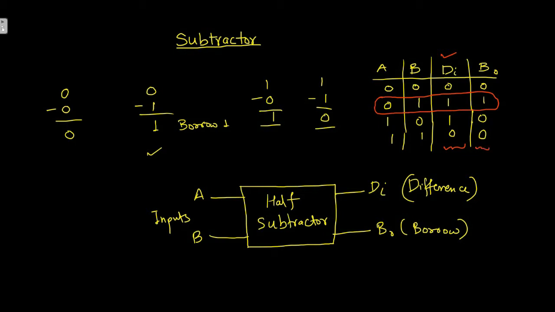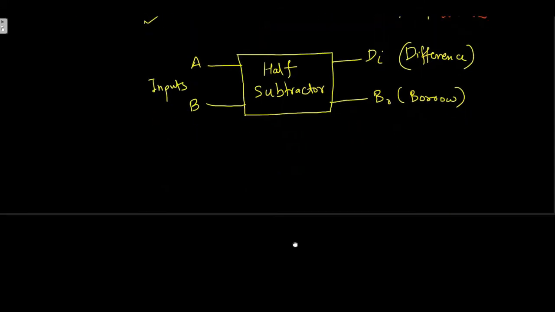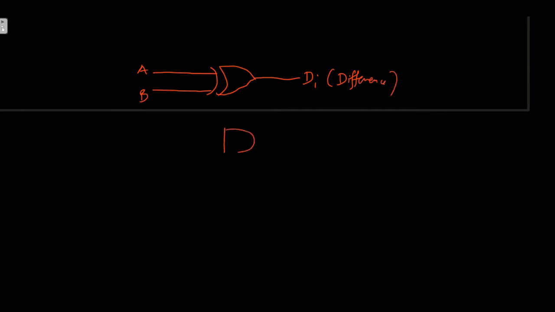So we can also draw a logic circuit. For a logic circuit, the difference is XOR, this is difference, and in case of borrow we can use an AND gate.